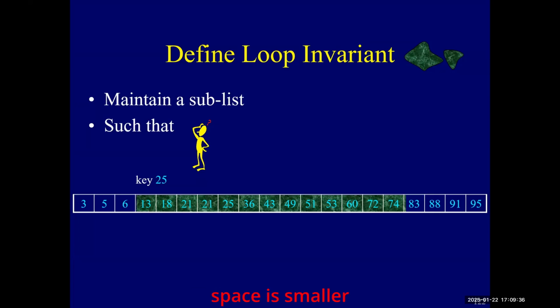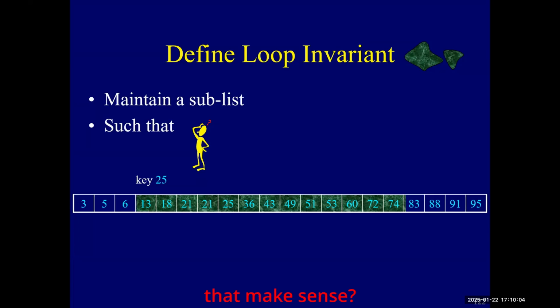And if the search space is smaller, then what do we want to say about it? Well, you could say what you're looking for is in there, but it might not be anywhere, right? We could say it's not outside, but maybe there are two of them. There could be one inside, one outside. That's okay. What we want to say is if it's anywhere, then at least one of them's inside.